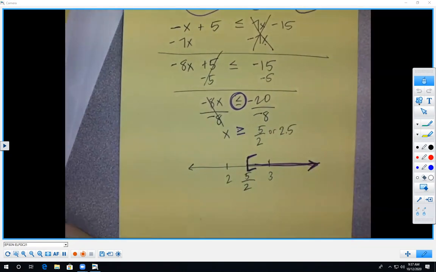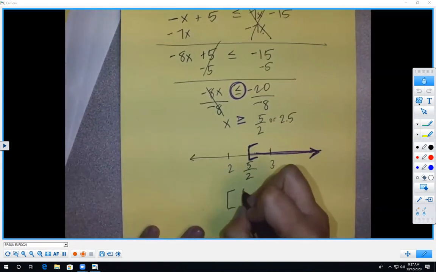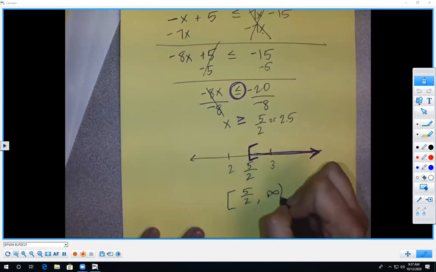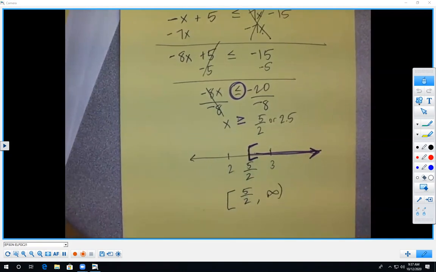So in interval notation, it's bracket 5 over 2 to infinity. Questions about that?